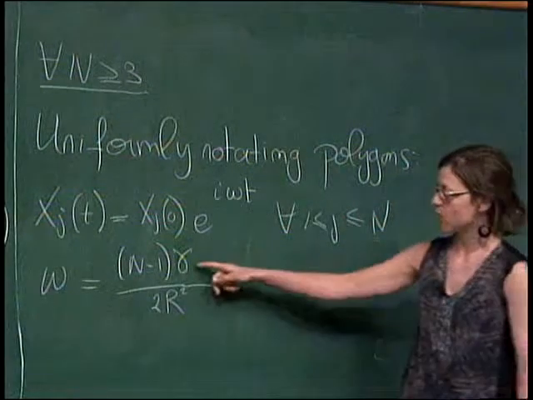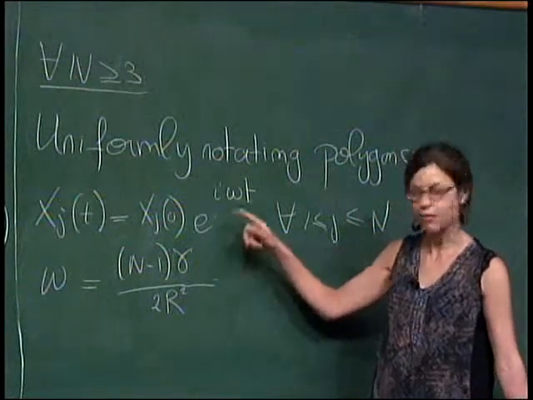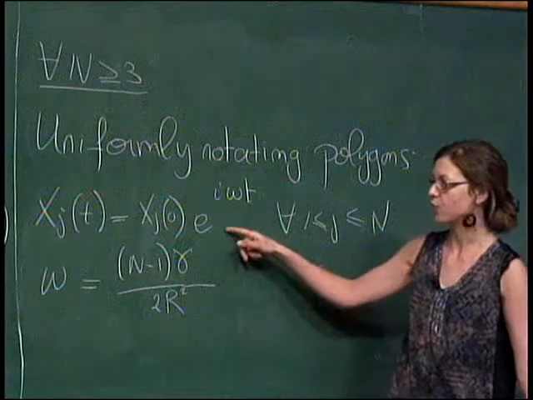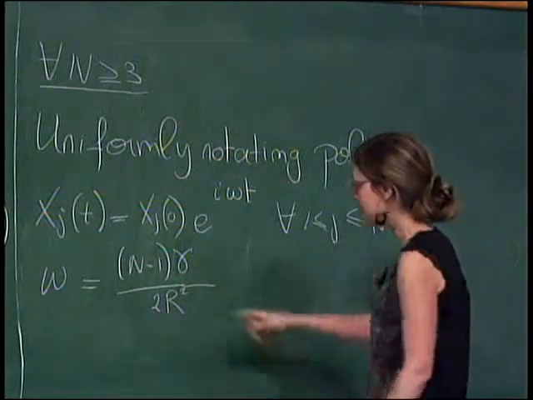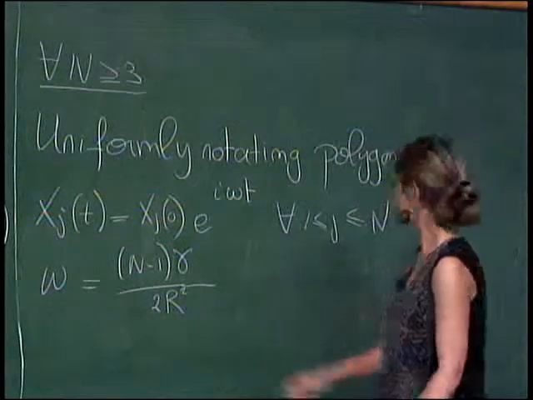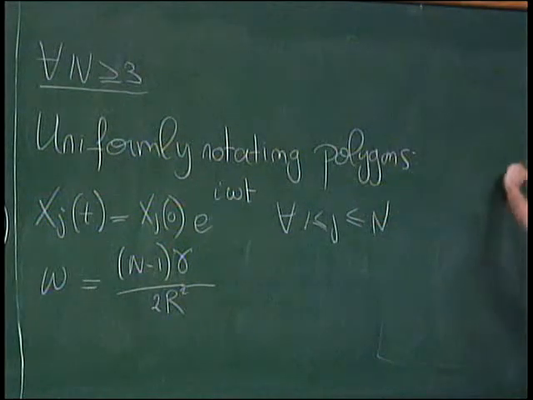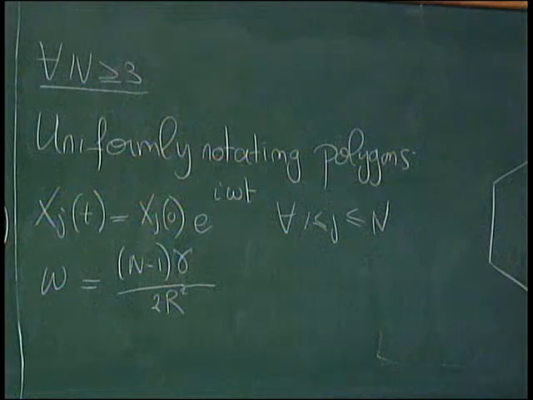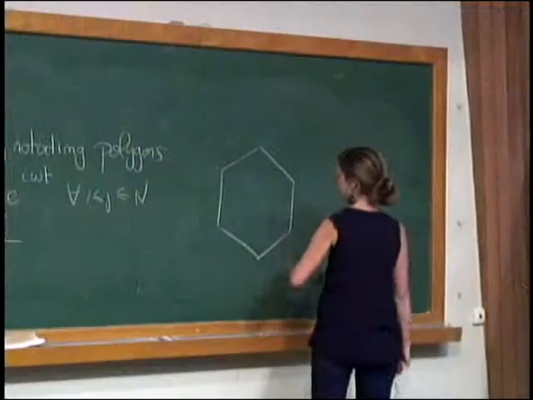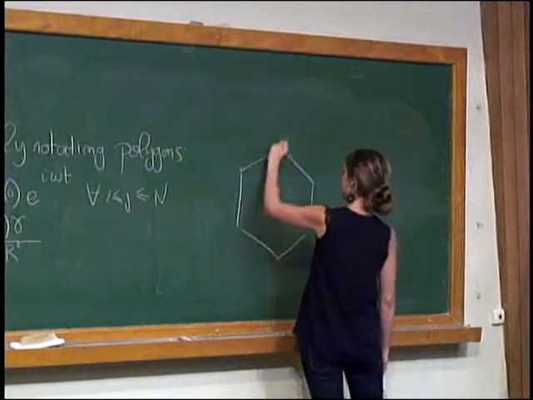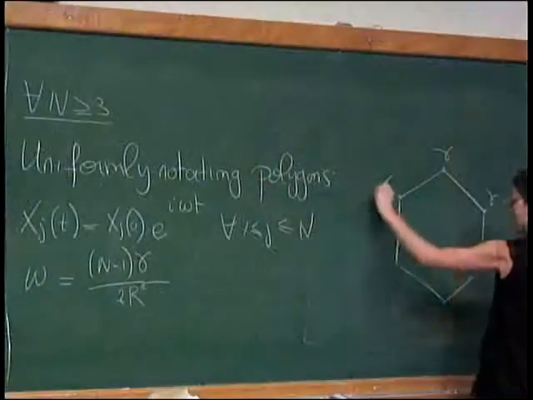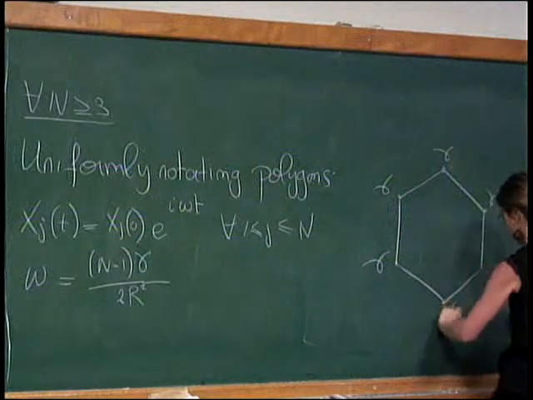Gamma corresponds to the circulation of each of the point vortices. So we have to assume that all the circulations are the same. And r is the size of the polygon. So I get a polygon. So this is a hexagon. Okay. So I put gamma at each of the vertices of the polygon.